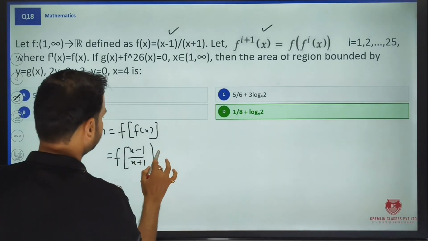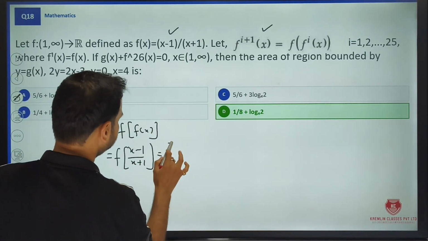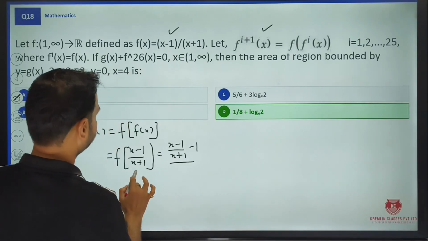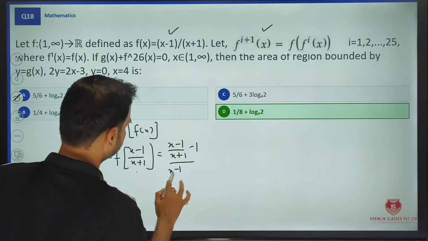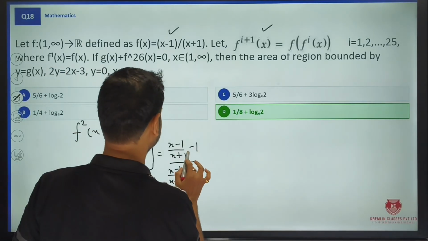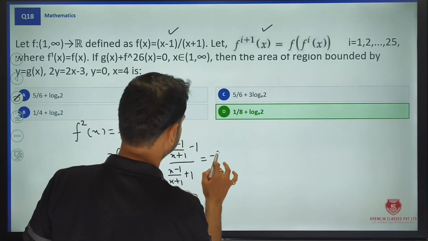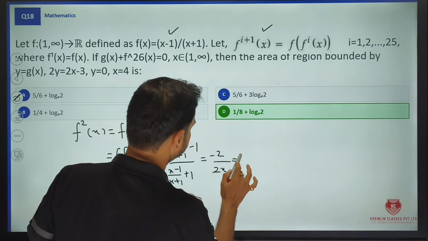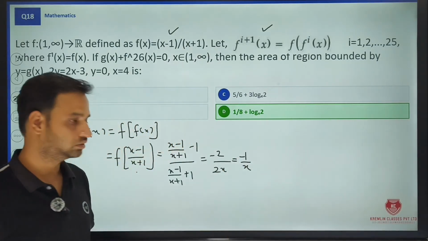So when we put x minus 1 upon x plus 1 in place of x, x minus 1 upon x plus 1 minus 1, divided by x minus 1 upon x plus 1 plus 1, so it is minus 2 upon 2x, so it is minus 1 by x.